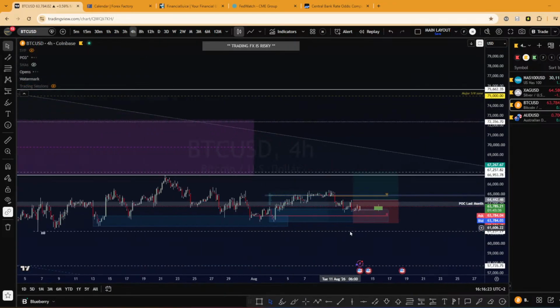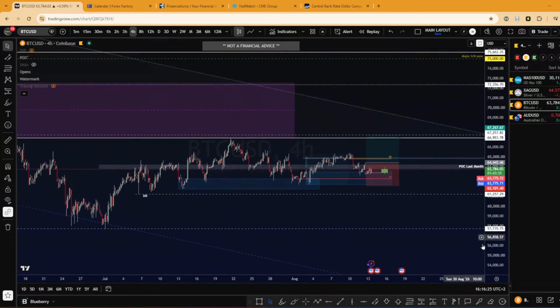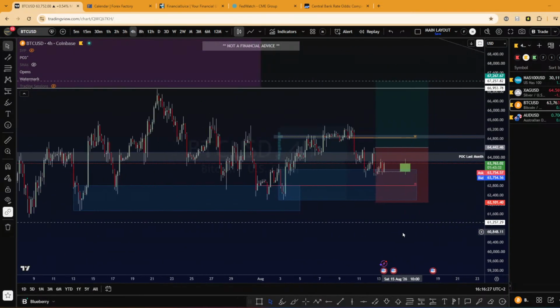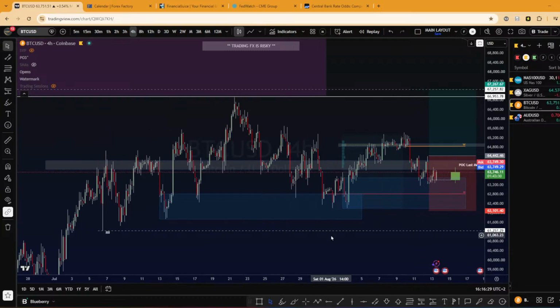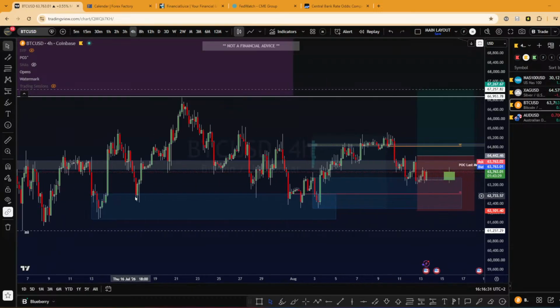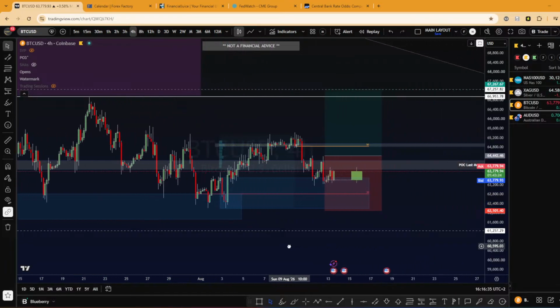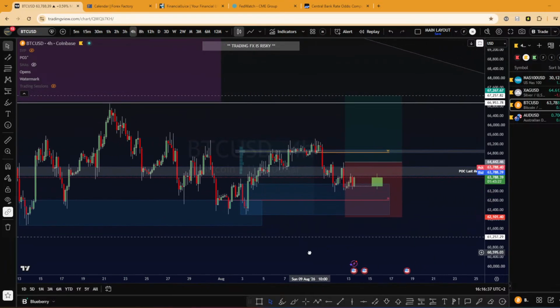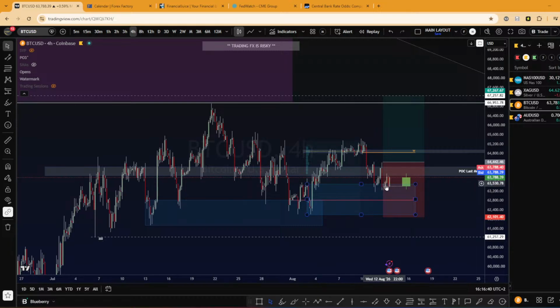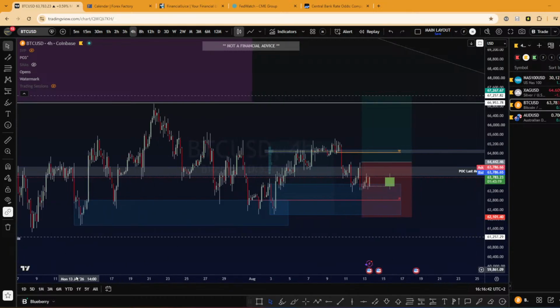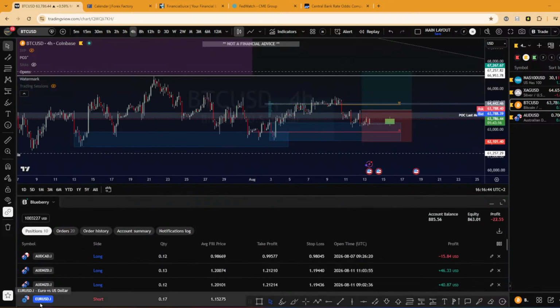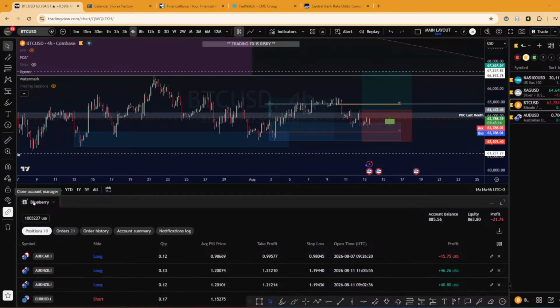If I go to the daily and higher time frame, we have some sort of level which is holding price. We could potentially see a bullish movement right there. So what's happening right now?